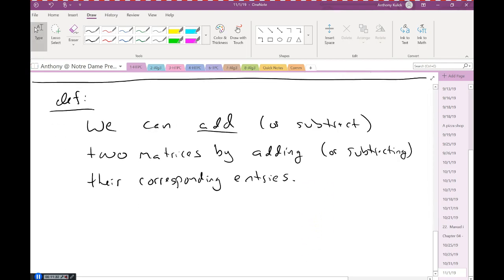So that's like our word definition of matrix addition. Let's write out kind of symbolically what that would look like.